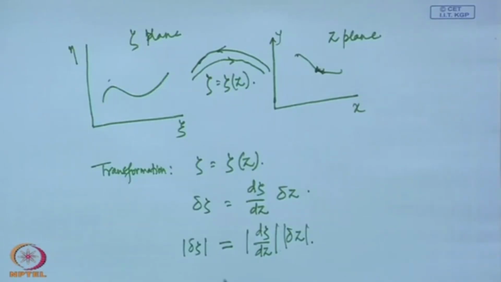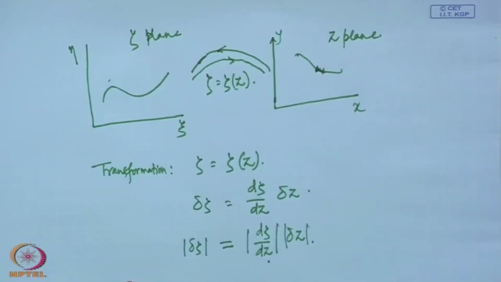So, what you see is that the length delta zeta, what we have obtained after the transformation, is multiplied by its original length. It has been magnified; in the general sense, it might be shortened also. So, this is what is a magnification factor.